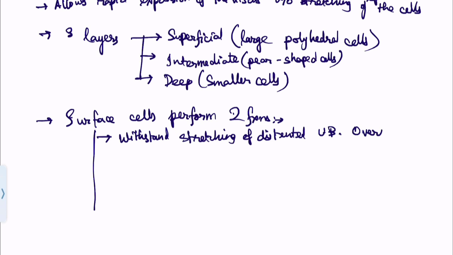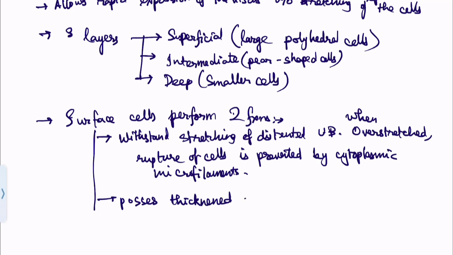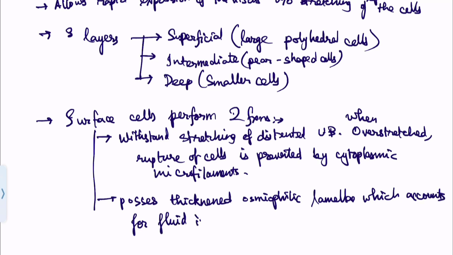So when the cells are overstretched, a rupture of cells is prevented by cytoplasmic microfilaments, and it possesses thickened osmophilic lamella, which accounts for fluid impermeability.